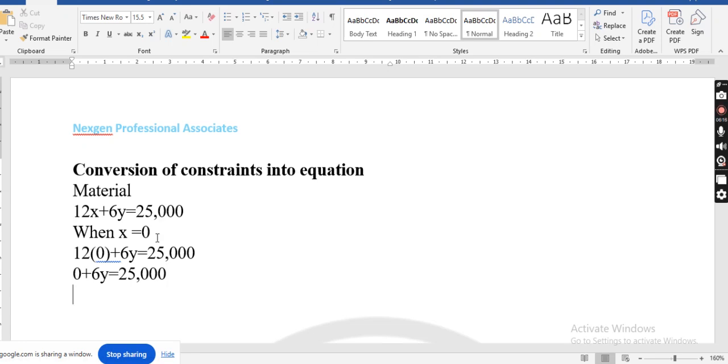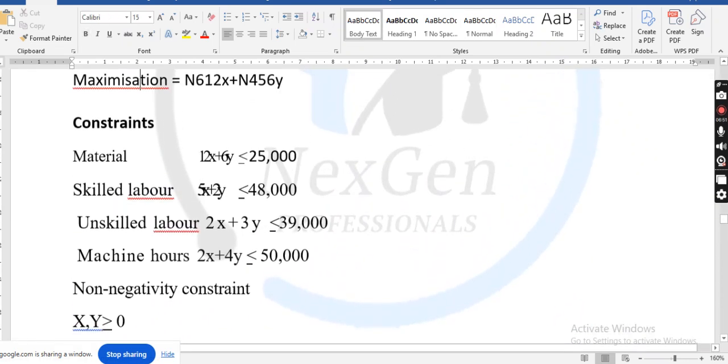Therefore 6y is equal to 25,000. So what is y? When you divide it, you have 4,167 units. Now, please, class, confirm this figure, if this 12 hours per unit under material is correct. Let's check.